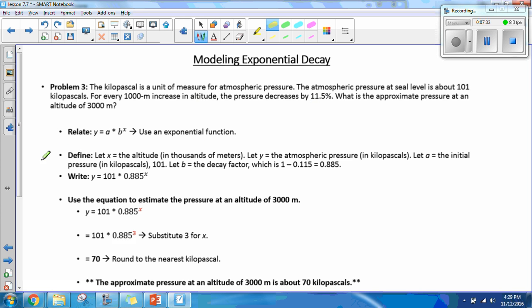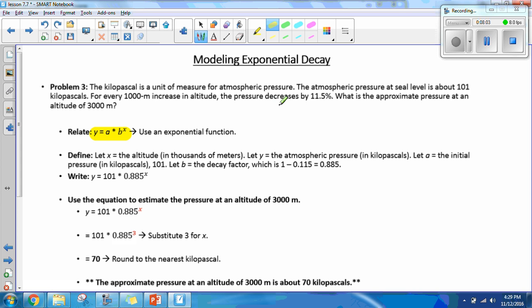So we have to recognize that this is an exponential decay model, so we're going to use this equation. We need to define that x equals the altitude in thousands of meters. We're going to let y equal the atmospheric pressure in kilopascals. We're going to let a represent the initial pressure in kilopascals, which is 101, and b is going to be our decay factor.